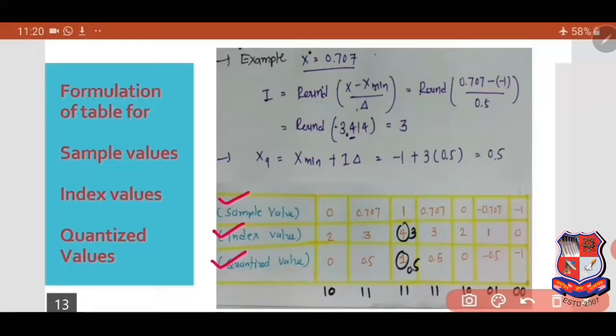You can do the practice so you can understand it better. So how this table will be helpful to us in converting the analog signal into the digital signal, we can see over here.